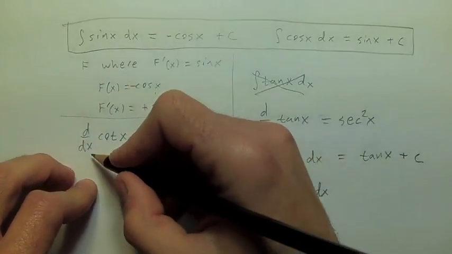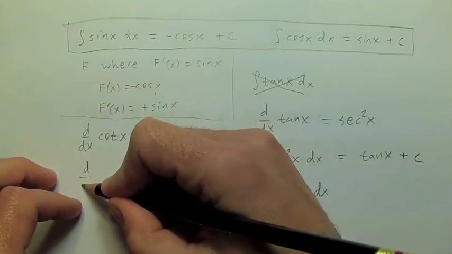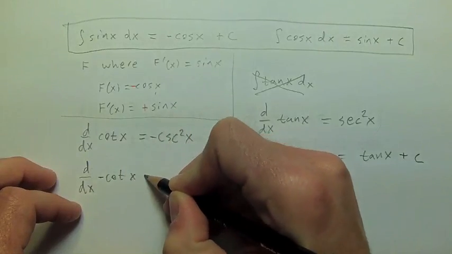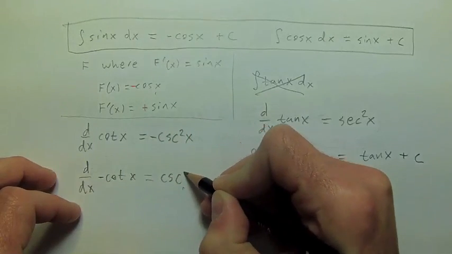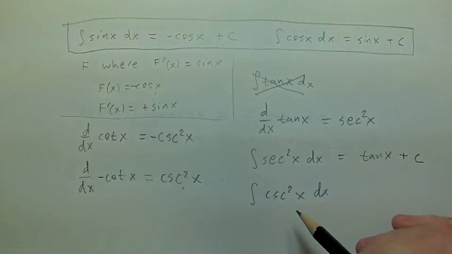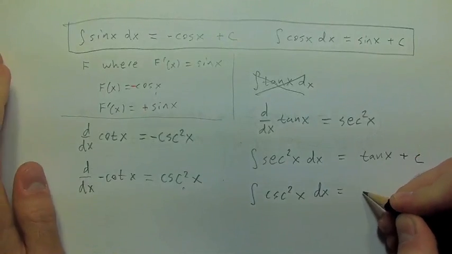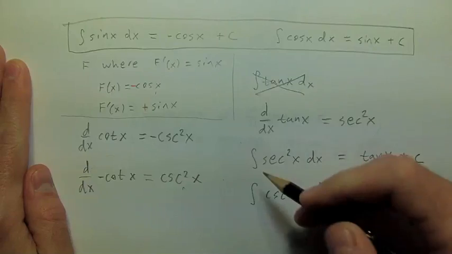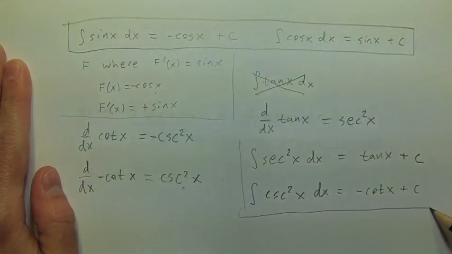So what this tells me is that the derivative with respect to x of negative cotangent x is positive cosecant squared x. So the integral of cosecant squared x is going to be negative cotangent x plus c. So these go backwards.